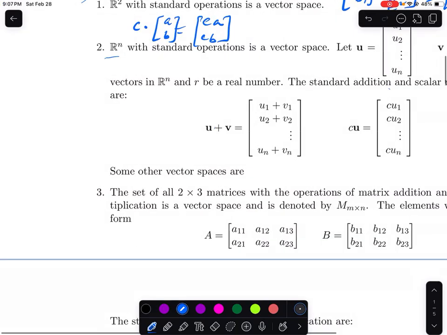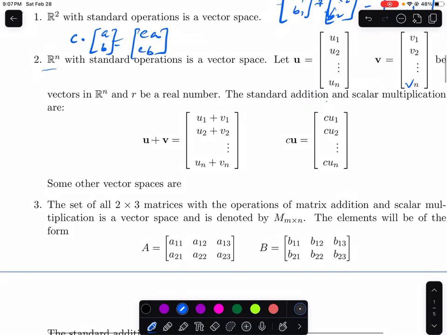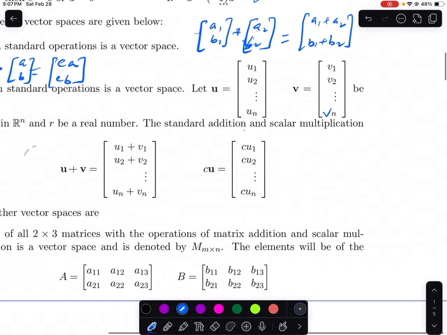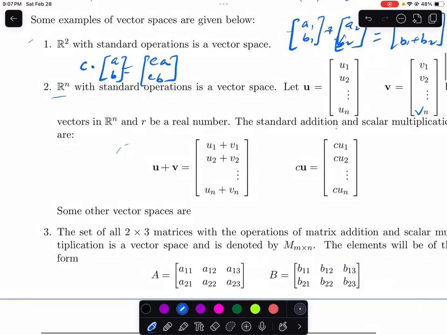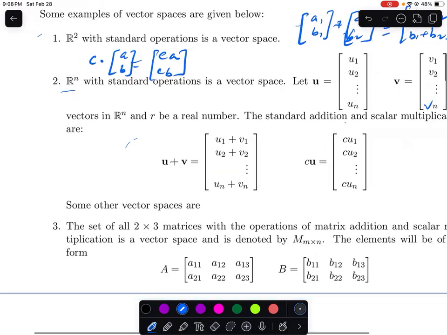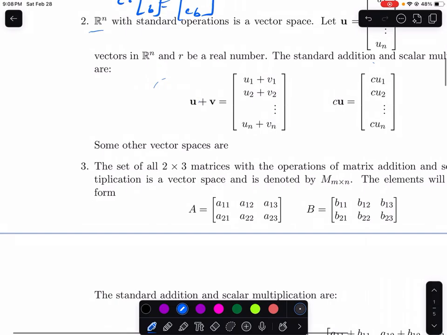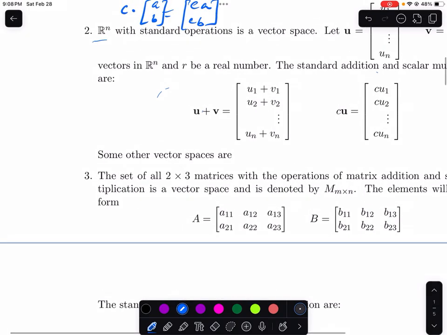Let these be vectors in Rn and c be a real number. Then the standard addition and scalar multiplication are: u plus v is u1 plus v1, u2 plus v2, and so on, un plus vn. And c times u is cu1, cu2 up to cun, component-wise scalar multiplication. Okay, I'll stop here and talk to you in the next video.